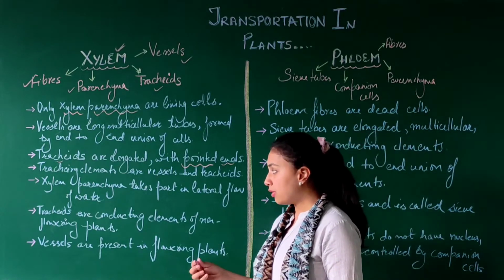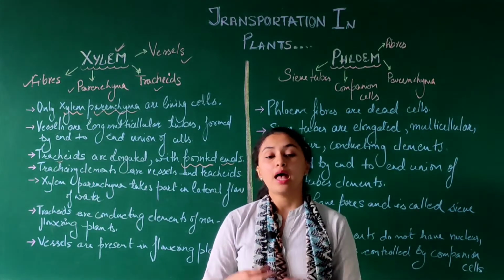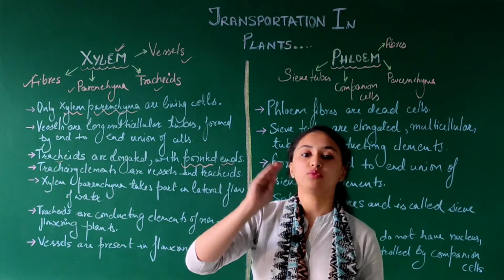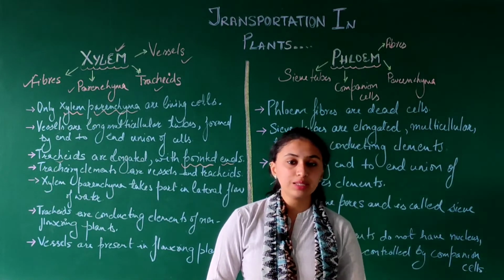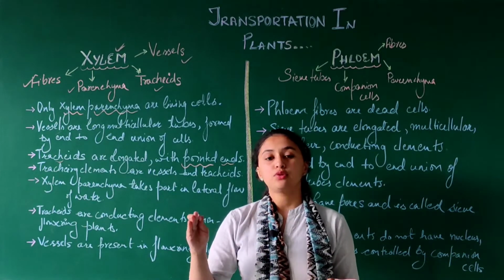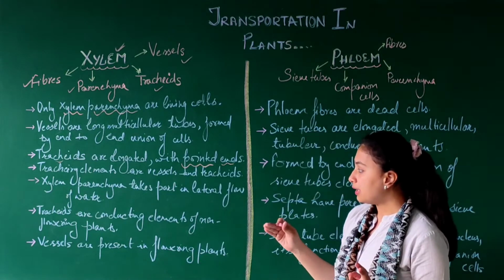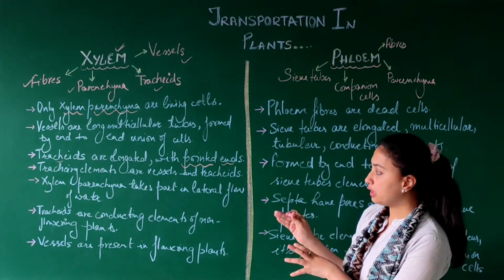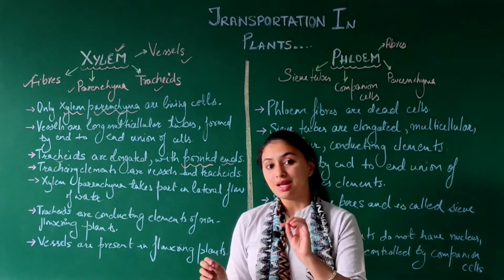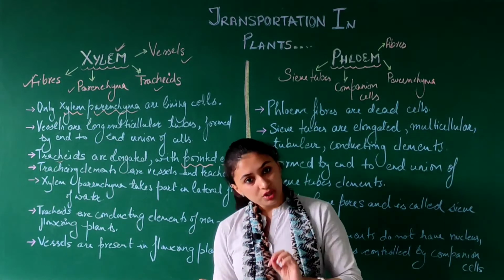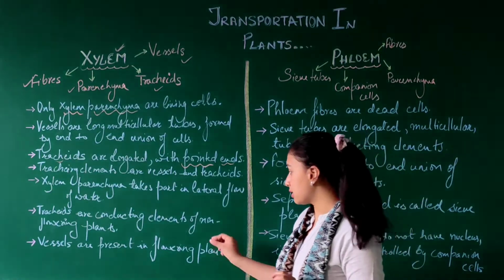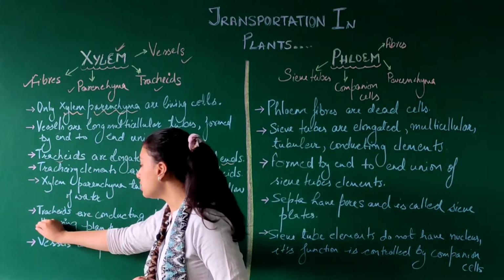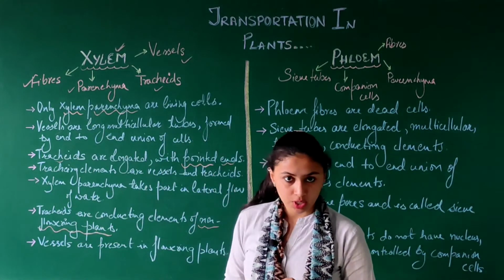Xylem parenchyma on the other hand helps in the lateral flow of the water. And tracheids are present majorly in non-flowering plants, means gymnosperms.